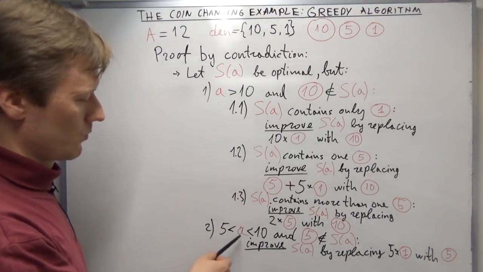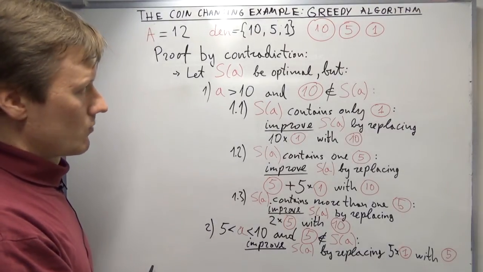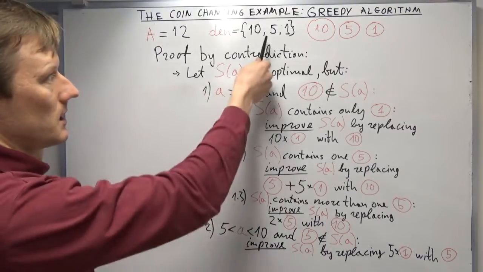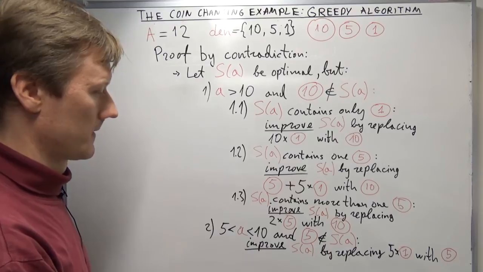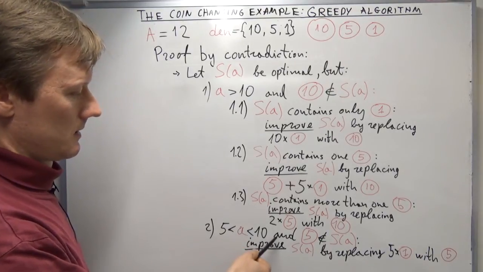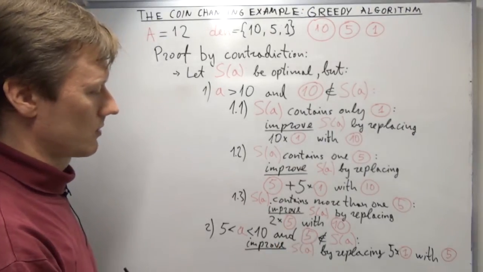The remaining case is when the amount is between 5 and 10. Then we cannot use 10 krona, but, as the greedy choice, we take a 5 krona coin, and then let's assume that the optimal solution does not have this 5 krona coin.